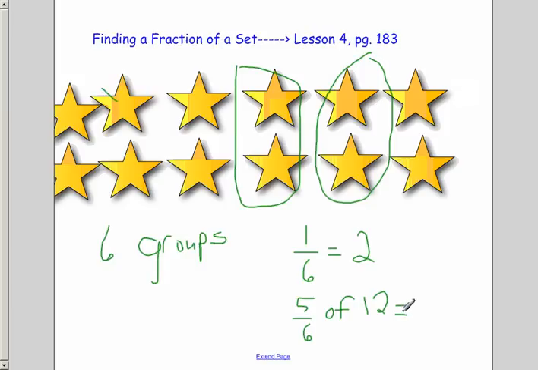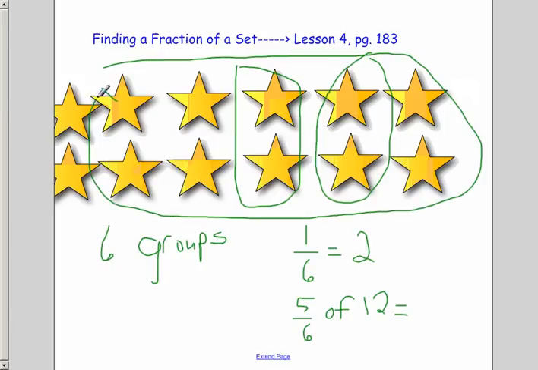So 5 sixths of 12. Simply put a big circle around the whole thing and just count your stars: 1, 2, 3, 4, 5, 6, 7, 8, 9, 10. So your answer would be 10.